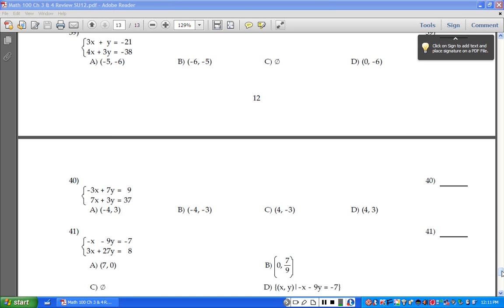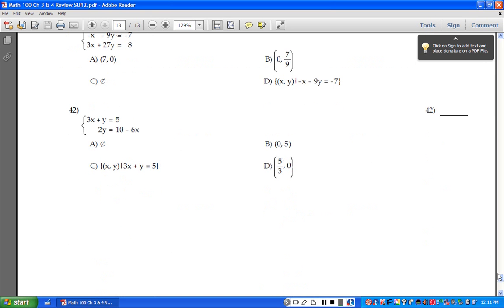And then the last problem, 42. Let's say we divide this equation by 2. Dividing everything here by 2 would give me y equals 5 minus 3x.